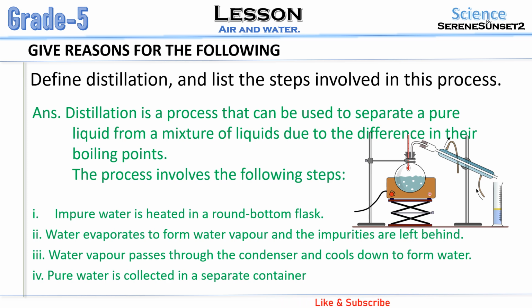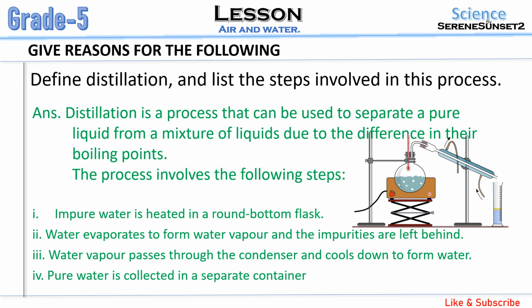Answer. Distillation is a process that can be used to separate a pure liquid from a mixture of liquids due to the difference in their boiling points. The process involves the following steps.